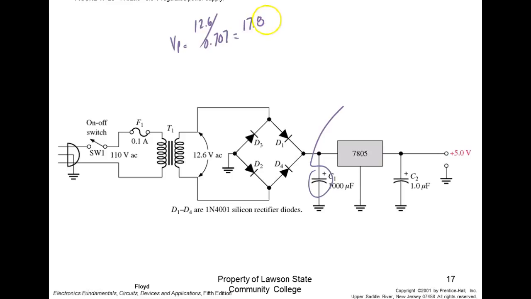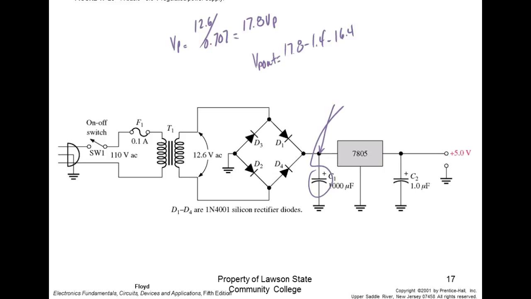Oh, then my V peak out. So this is V peak. My V peak out would be equal to 17.8 minus 1.4. 16.4. Okay. Now, this is pretty much going to be V peak, right?